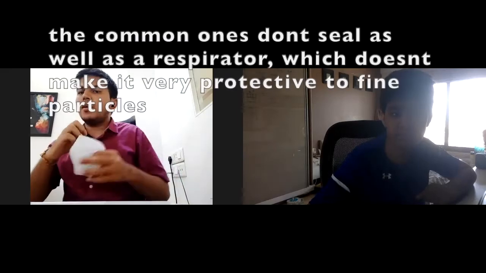There is no ear loop involved. There is not a single 3M mask which has ear loops. The respirator types have straps that go over the head. This is a normal N95 that you get in a medical store, which has ear loops on it, so it doesn't seal your face properly.